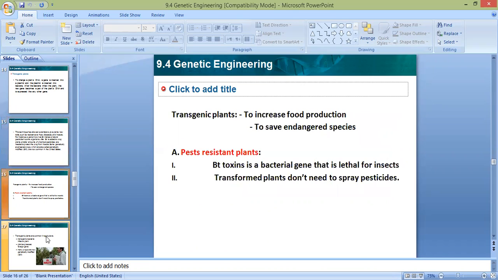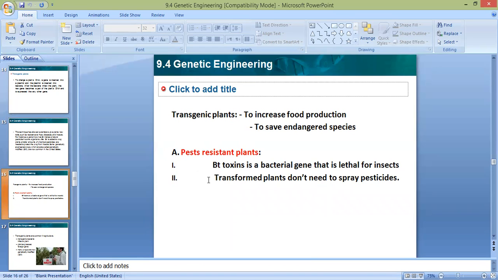Okay, and why do they make transgenic plants by genetic engineering? To increase food production, to save endangered species, to make plants that resist pesticides. There is something called Bt toxin, a bacterial gene that is lethal for insects.